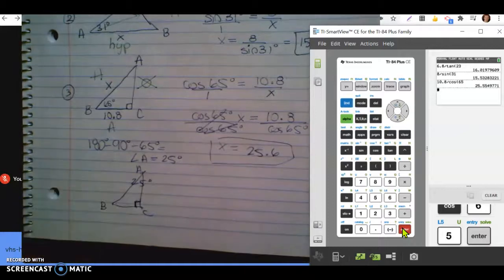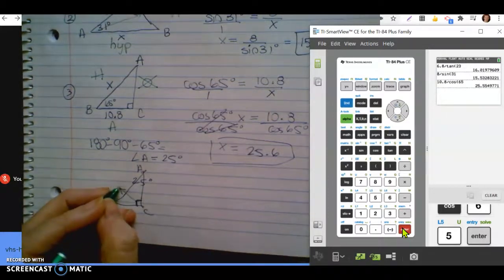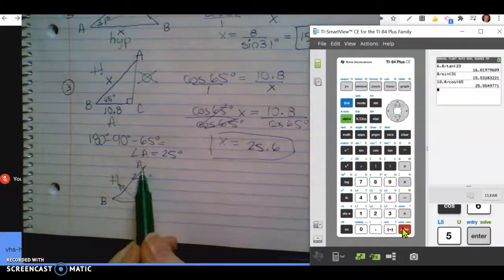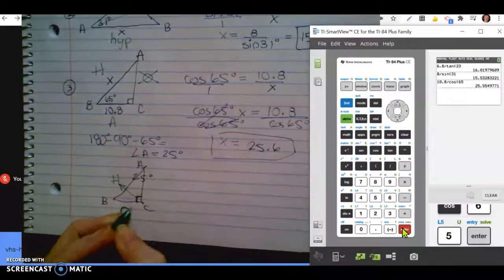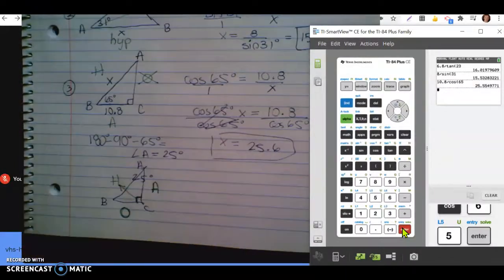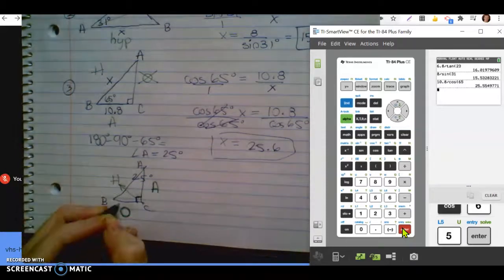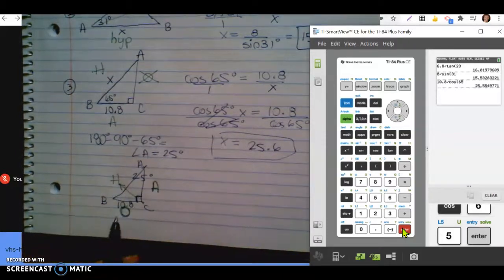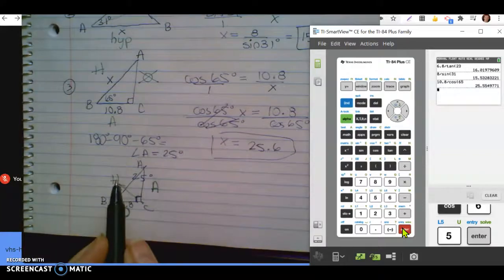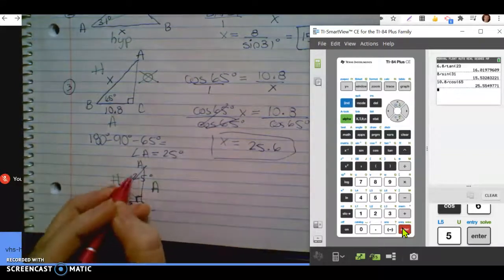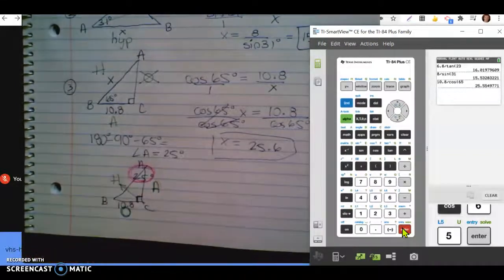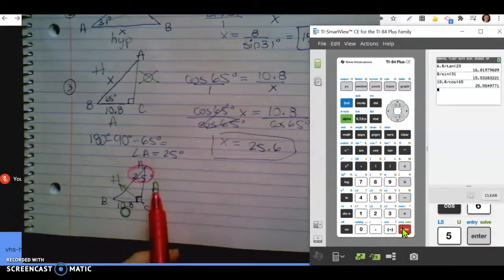The hypotenuse is always the hypotenuse. But now opposite would have been down here and adjacent would have been over here. So suddenly the 10.8 now becomes opposite. So just make sure that you're going relative to whatever angle you're using. The opposite and the adjacent are going to be relative to the angle that you choose.